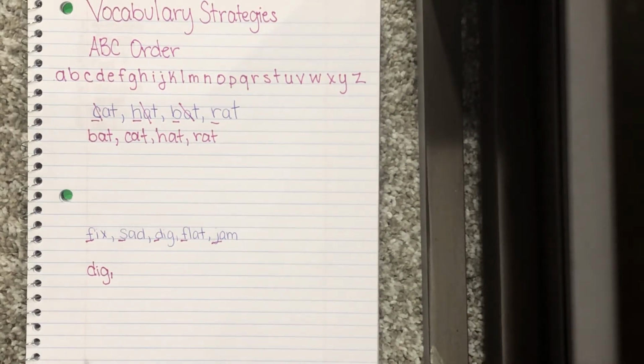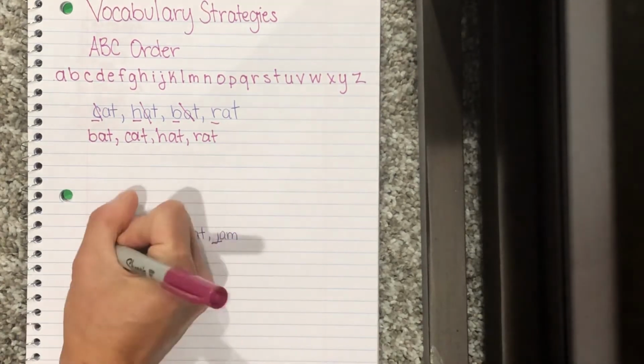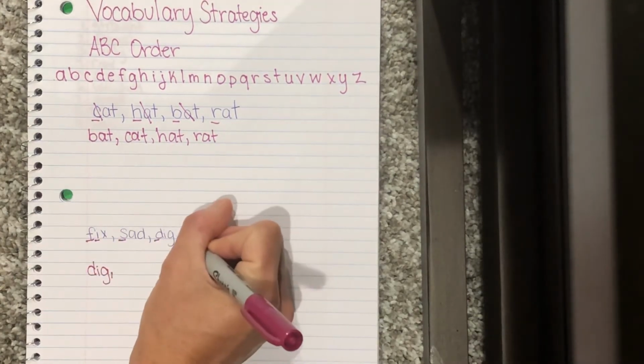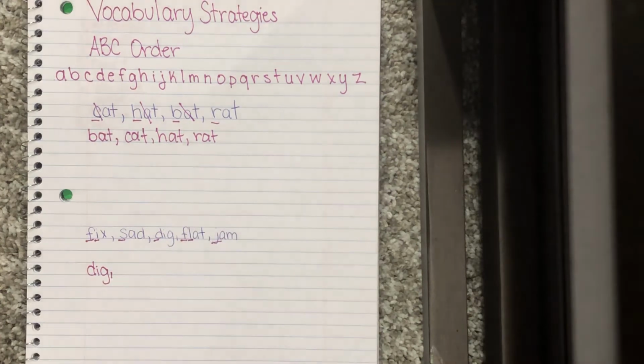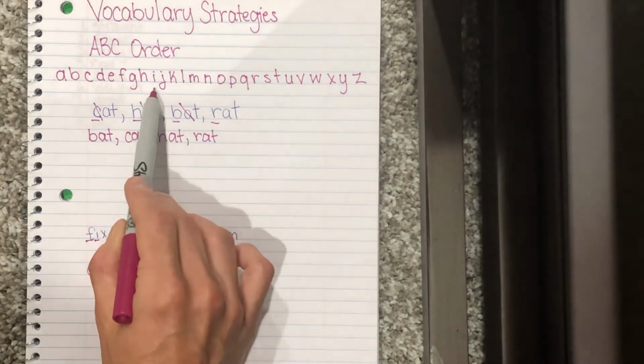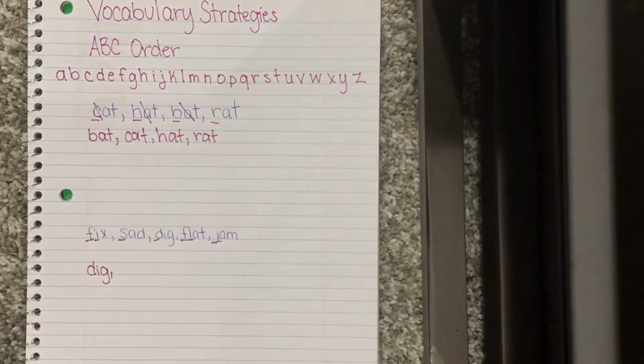I will look at the second letter in the word. I either have an I or an L. I still use the ABC order strategy for that. Which comes first in the alphabet, I or L? I comes first.